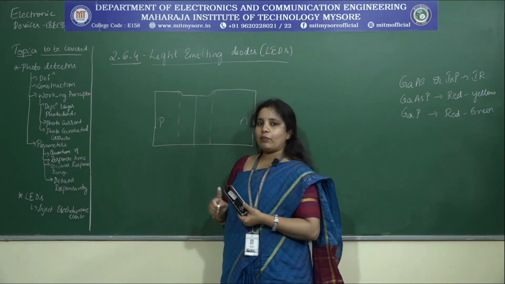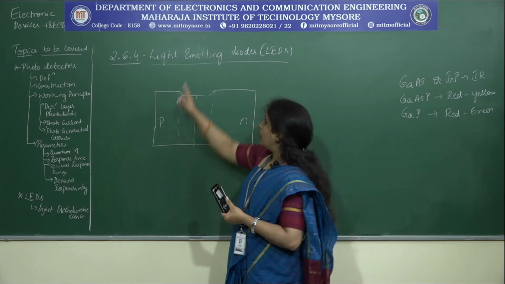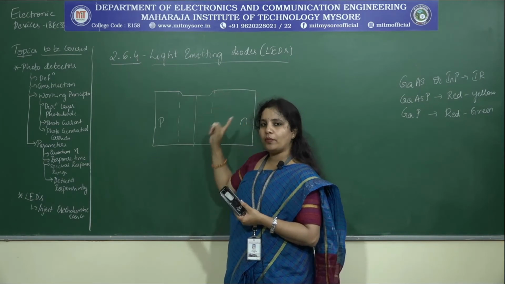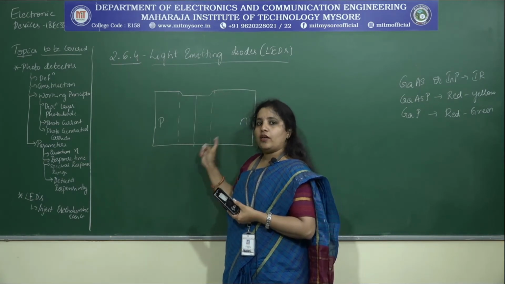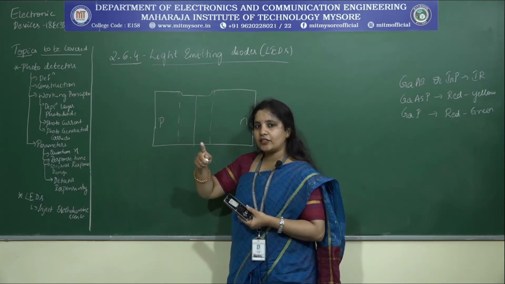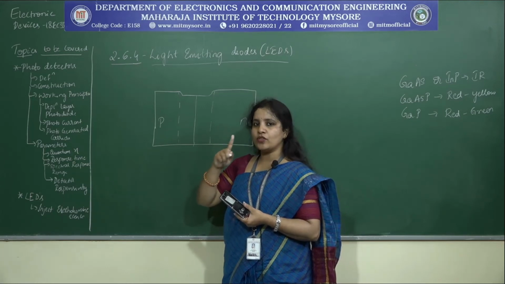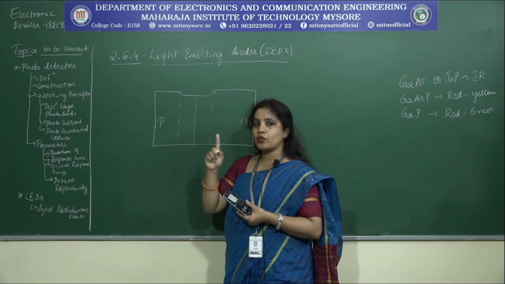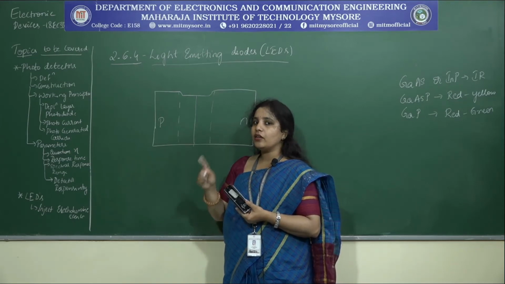Now one key point you have to understand is that light emitting diodes work in the forward biased condition. When we considered photodetectors, they work in the third quadrant, which is reverse biased. When I considered solar cells, they worked in the fourth quadrant.